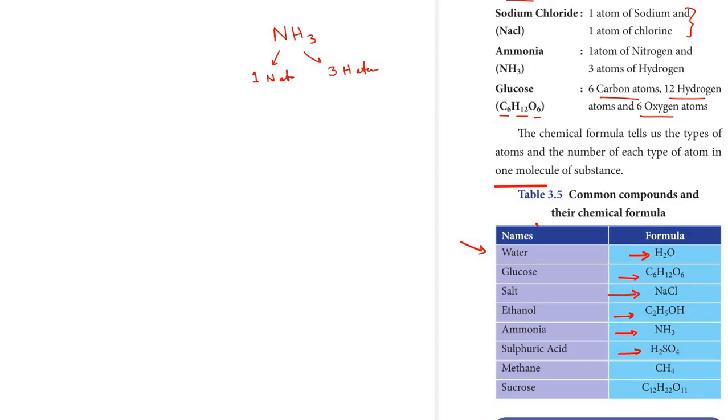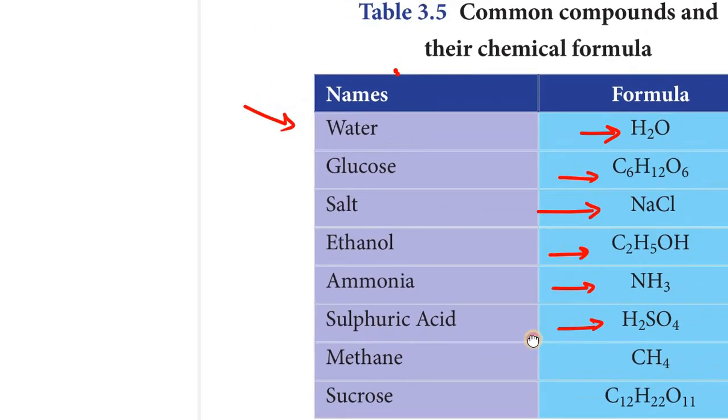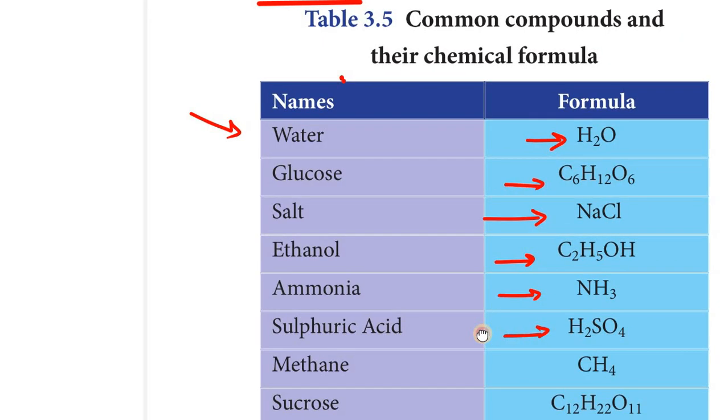Let me zoom it a bit. Okay, I think now it's better for you students. Next methane, which is CH4, and then we have sucrose, C12H22O11. Okay, so you have to remember this.